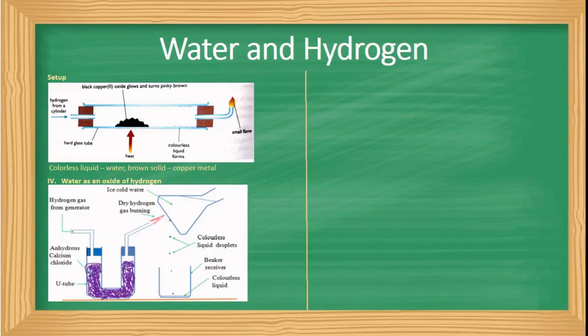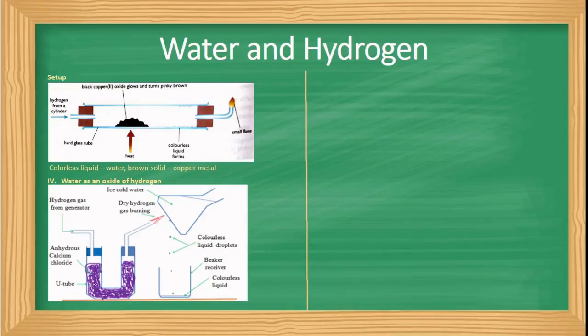As you know, this calcium chloride is used to dry the hydrogen gas. So once the hydrogen gas is dried, it is burnt in oxygen. It is ignited here in oxygen, and then what is produced is cooled using ice cold water. You realize that after cooling, the steam produced here, drops of water will be formed.